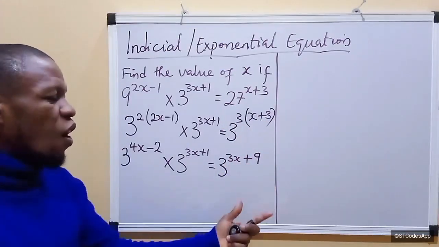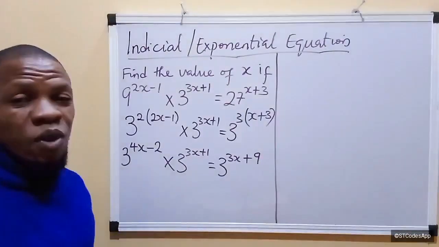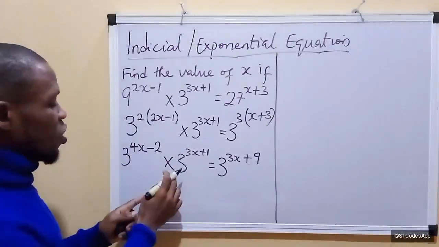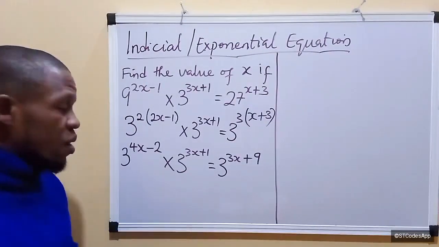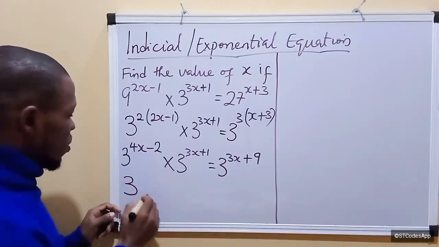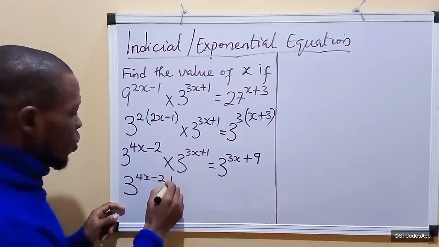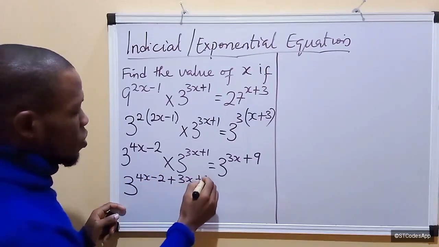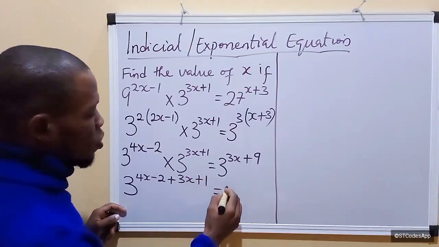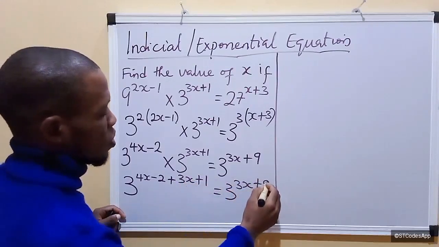So we can see that all the bases are the same. So let's go right away into applying the multiplication law, which says since the bases are the same, we add the powers. So we have 3 raised to the power 4x minus 2 plus 3x plus 1 equal to 3 raised to the power 3x plus 9.